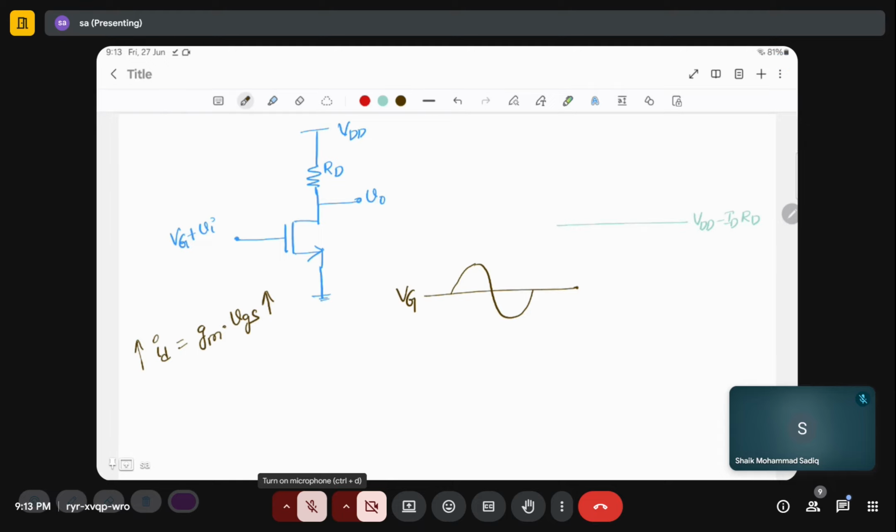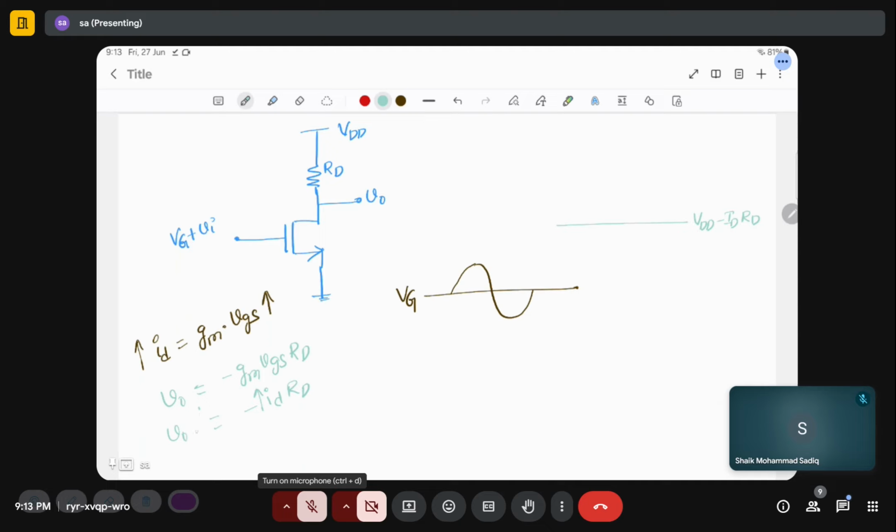So this small signal voltage V0 is minus Gm VGS RD, or minus ID RD. As ID increases, what happens to V0?